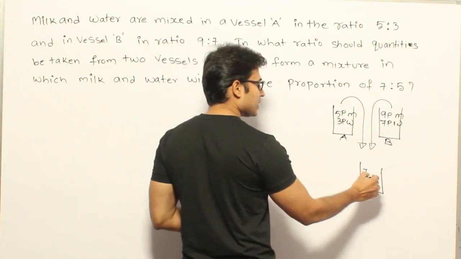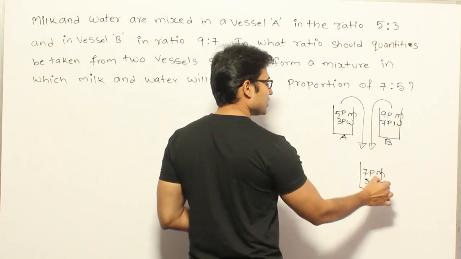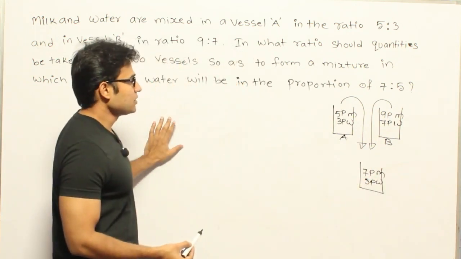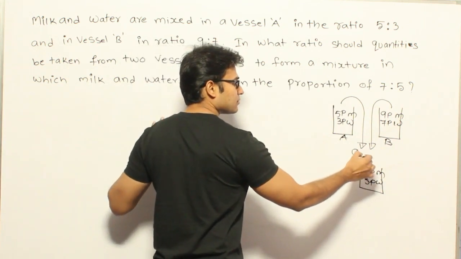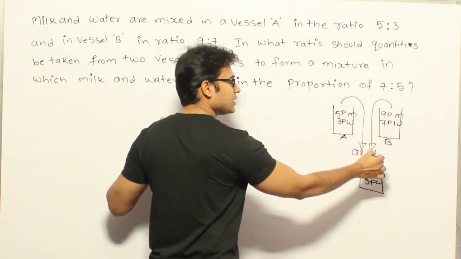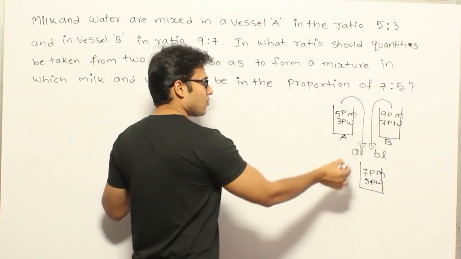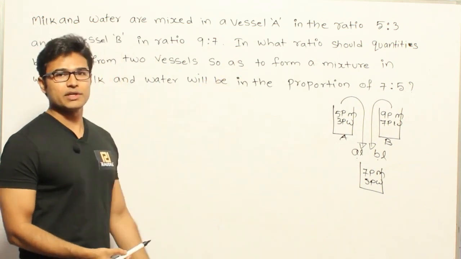Which means it should contain 7 parts milk and 5 parts water. Now what are you supposed to take? If you assume that you are going to take A liters from A and B liters from this one, then they are asking for the ratio of A to B, in what ratio the quantities be taken.